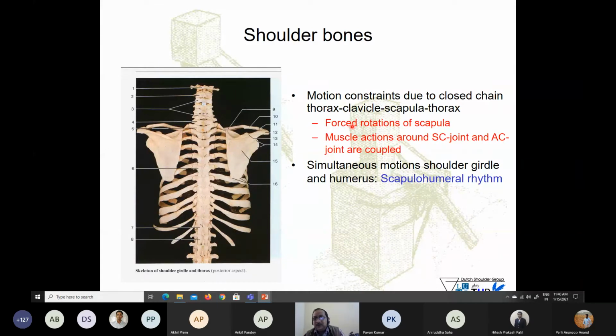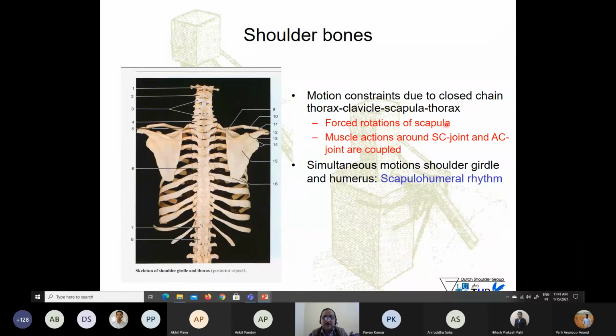Just a few features I would like to say: the shoulder complex is an example of a closed chain mechanism formed by the connection of the thorax, clavicle, scapula, and the thorax. So we have this closed chain mechanism. Because it's a closed chain mechanism, we have very restricted rotations.